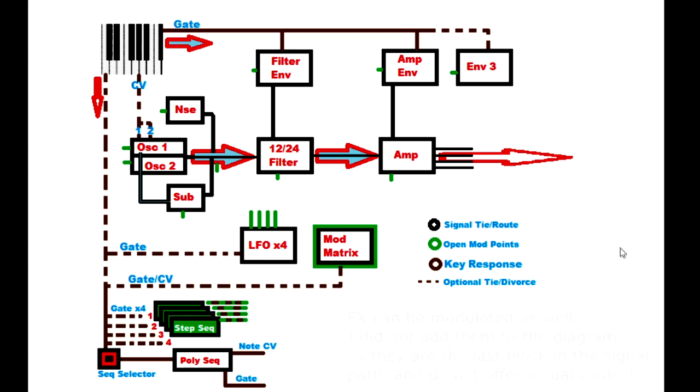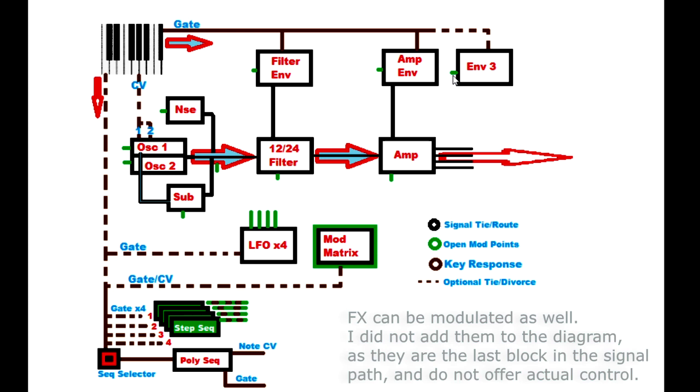So from here, I'm going to explain the green. This is your open mod point. So envelope doesn't mean there's just one. It just means that there are open mod points, because you can go into the routing matrix and tell what to go to the envelope. Maybe you want LFO1 to control the decay of envelope 3 in a cycling mode.